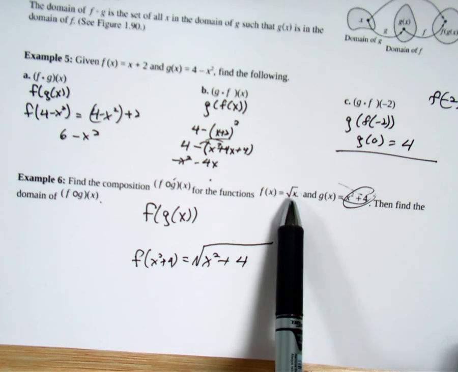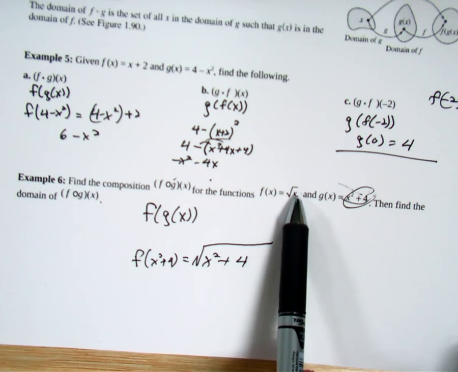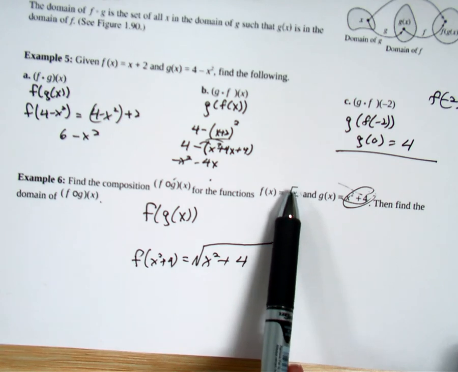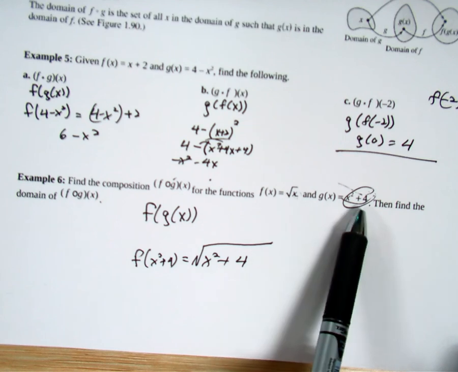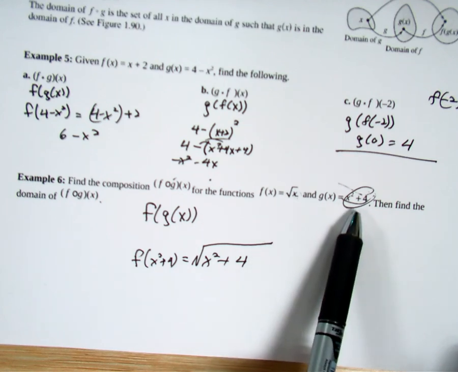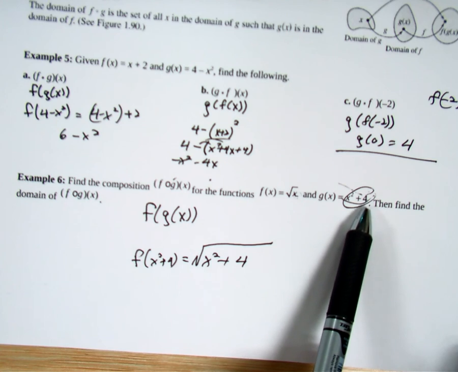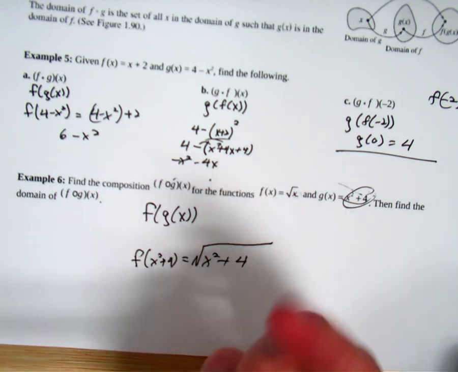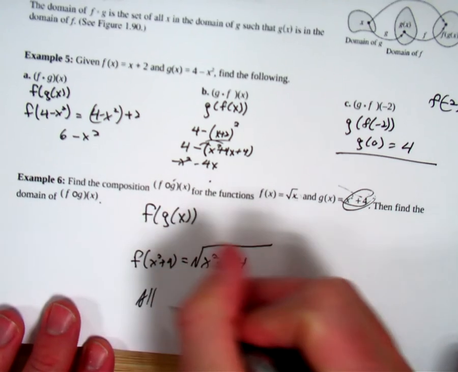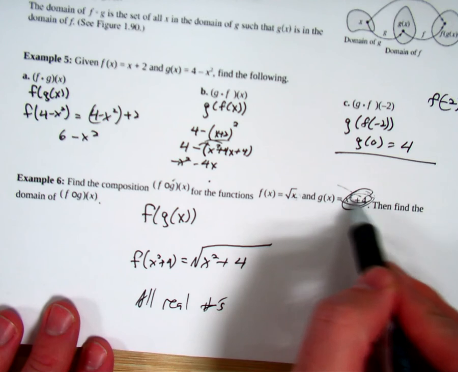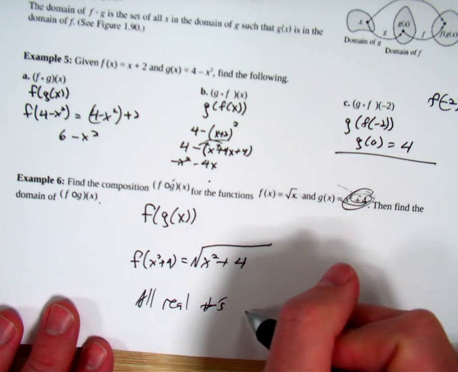No. The domain for the square root of x is that we need things to be 0 or bigger. We won't have any issues because the smallest this could be is 4. So we're just going to still have all real numbers, because all real numbers are going to give us 4 at the smallest over here, and that's going to be fine over there.